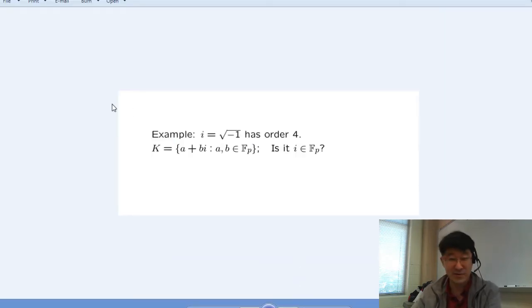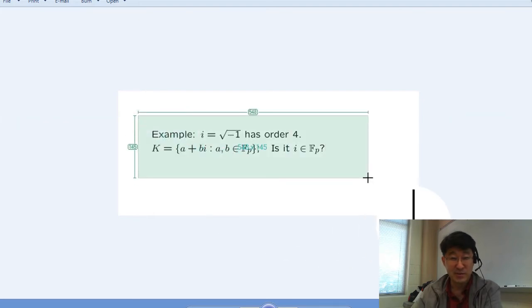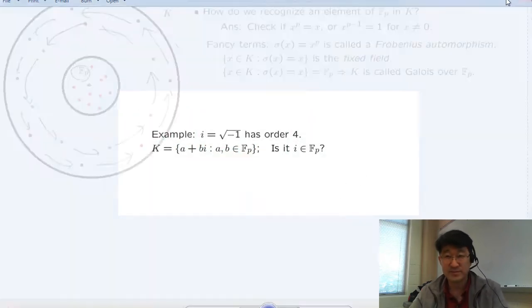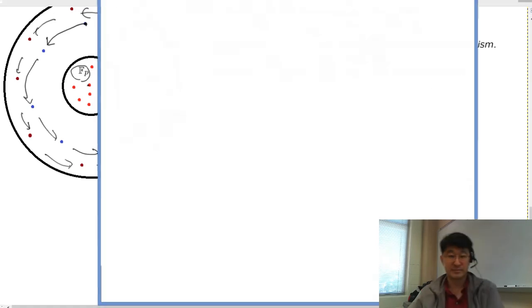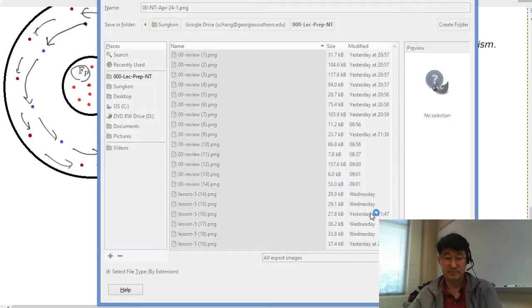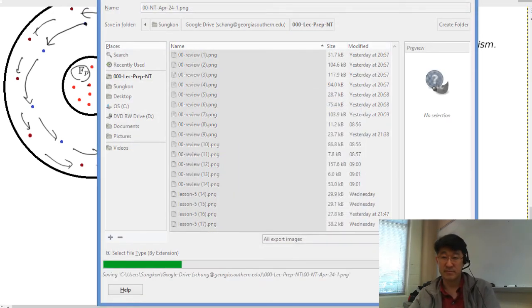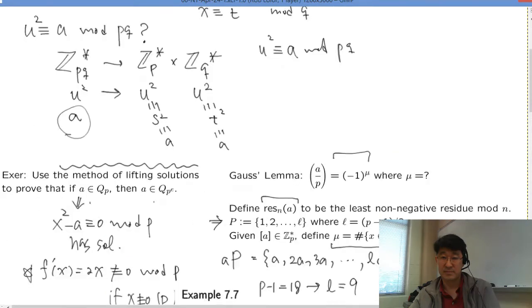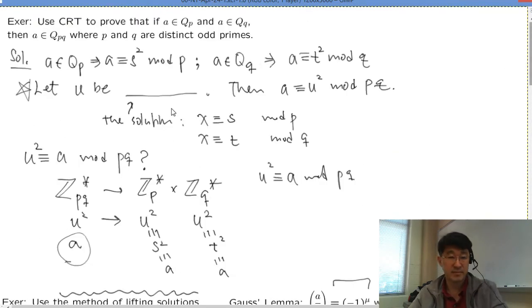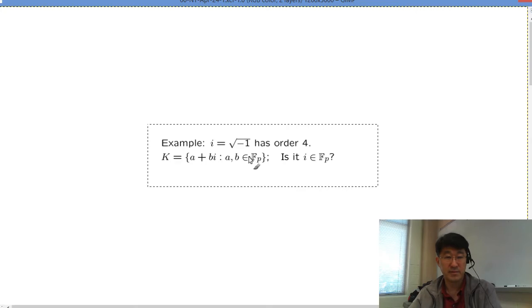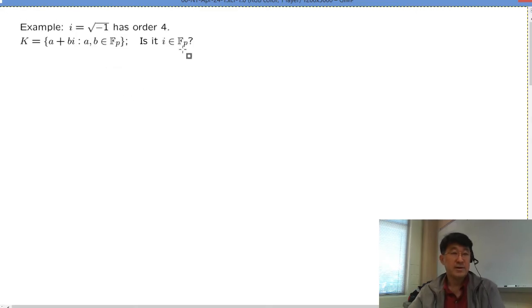Okay. So here's the first magic coming to you. Now, I use i as the square root of -1.